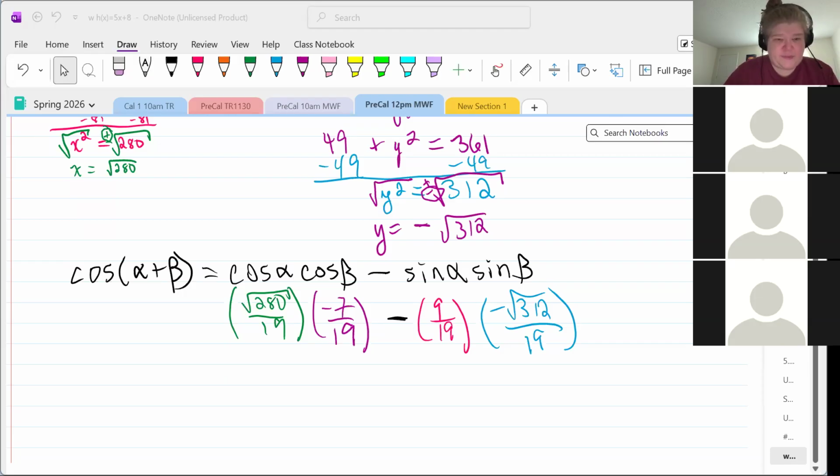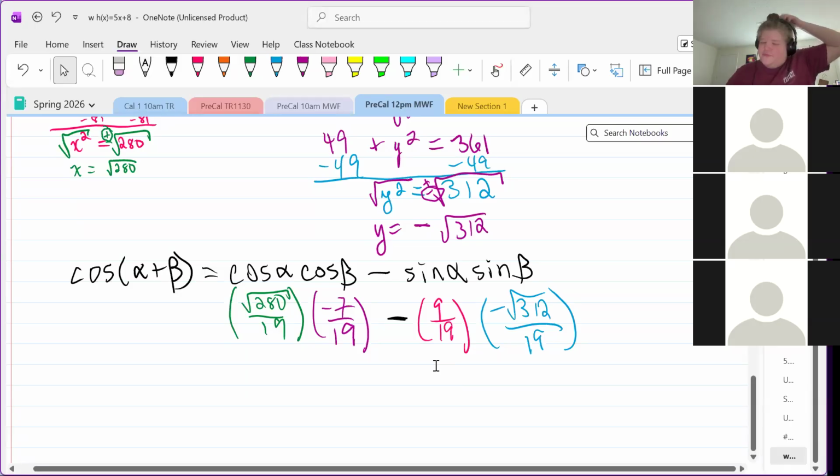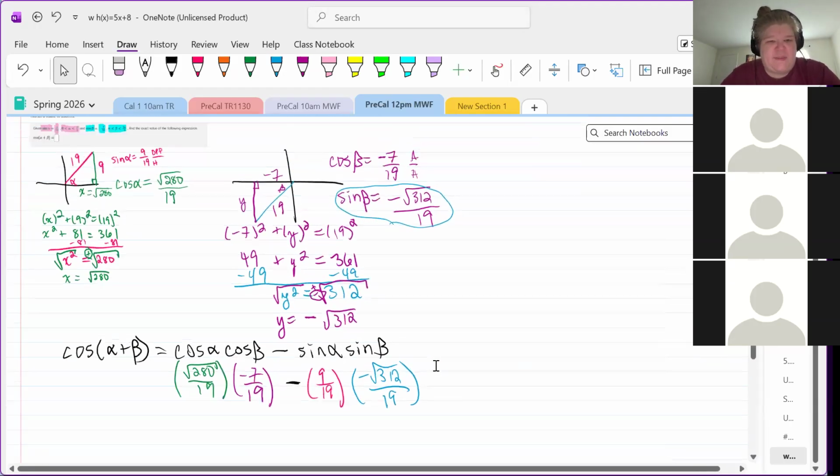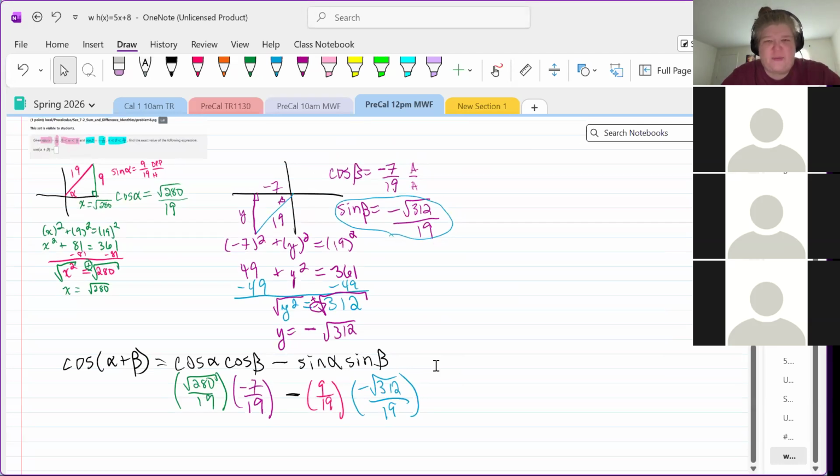Minus, open, 9 over 19, close, open, negative square root 312 over 19. Yep, it took that answer. The numbers won't be this disgusting on the test, though. These numbers are a little bit bigger than what I usually like for at least these kind of questions. I usually like to keep the trig ratios like smaller numbers.